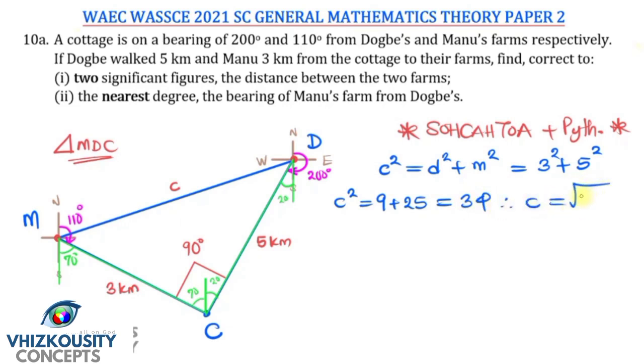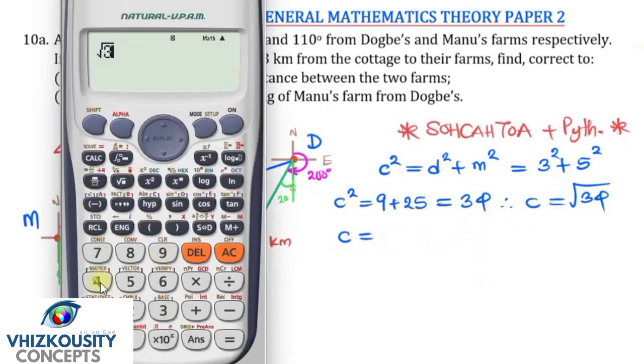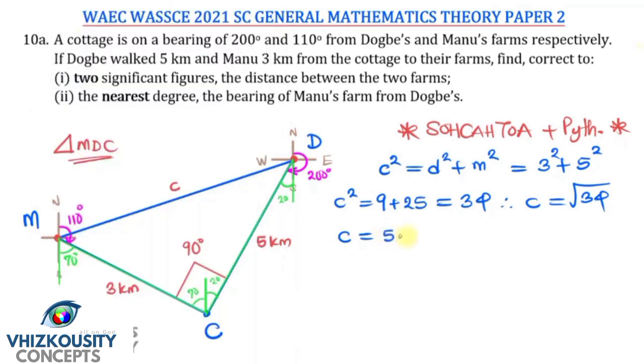Then C is equal to the square root of 34, and C, which is the distance between the two farms that we are looking for, we can bring our calculator to solve. The square root of 34 is 5.83095, let me say 5.83, but from the question we're asked to get this to two significant figures, which means we need only 2 digits. 5 is the very first one, we need to take that.